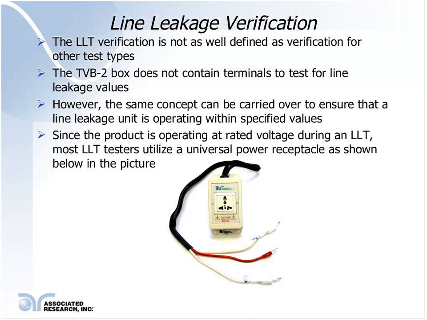Now we know that the leakage meter for the line leakage test reads between ground and neutral for normal polarity, and it reads between ground and line under reverse polarity. So separate resistors can be wired between line and ground, and neutral and ground. So for example, for line leakage verification, a plug is wired with a 2 mega ohm resistor between line and ground, and a 200 kilo ohm resistor between neutral and ground.